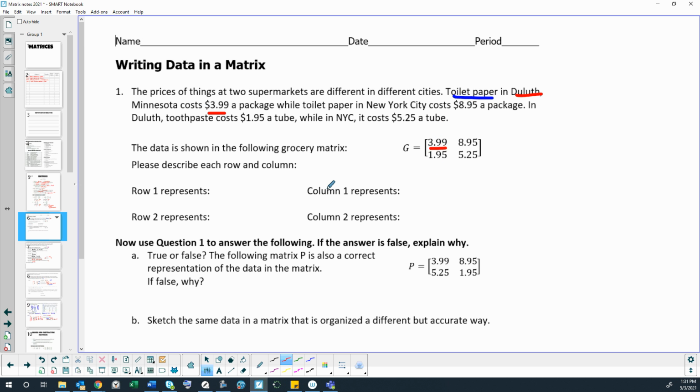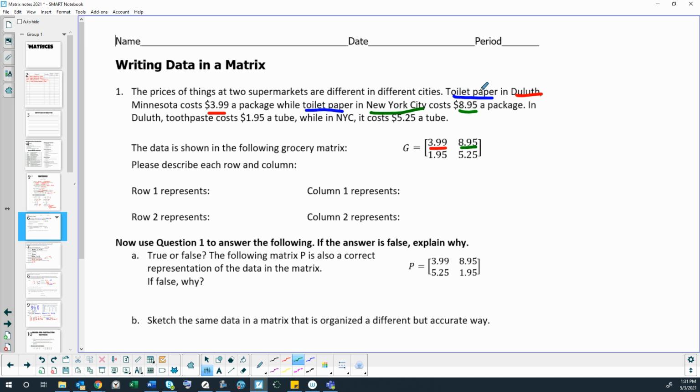Let's keep reading. Again, we have another reference to toilet paper, but this time a different city, New York City, and that's a cost of $8.95. So notice how that is in this space here, 1, 2. So we have row 1, column 2.